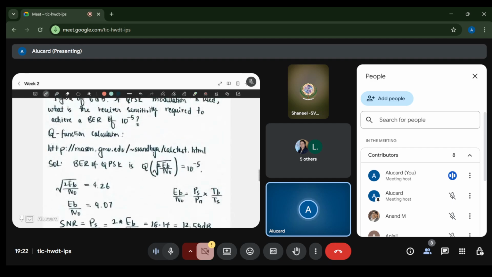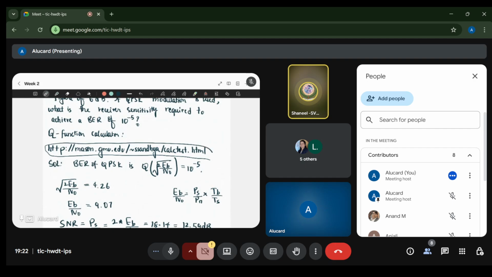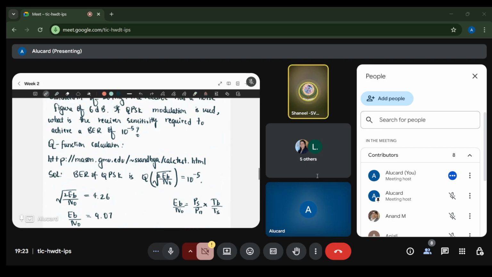Q, you see this link I have given. Hello, I did not understand your question. 10 power minus 5.